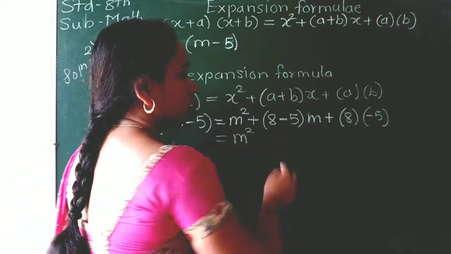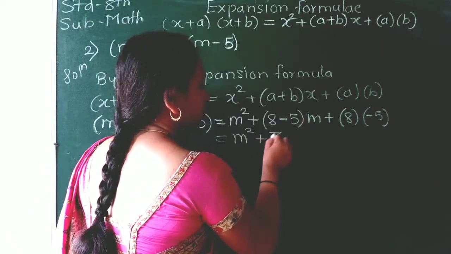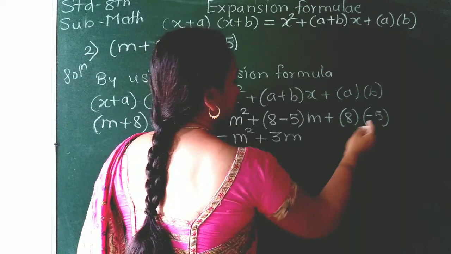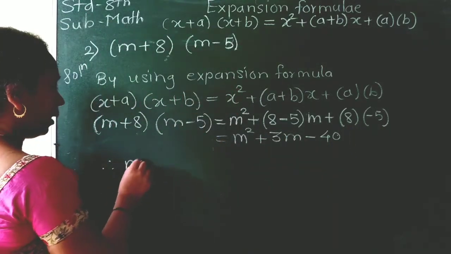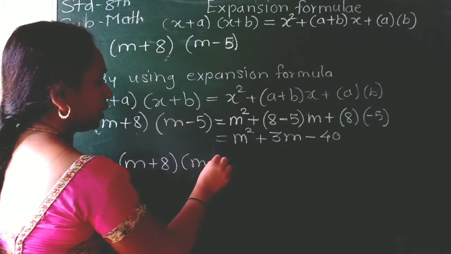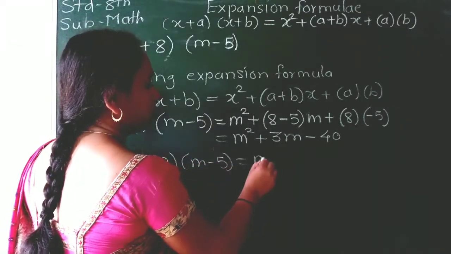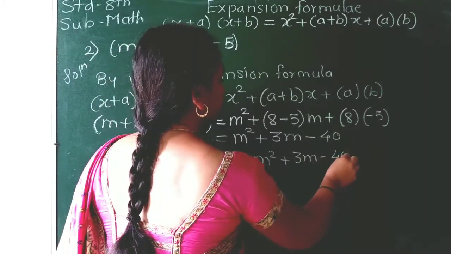If you subtract, we will get 3m, and their product is minus 40. Therefore, (m + 8)(m - 5) = m² + 3m - 40.